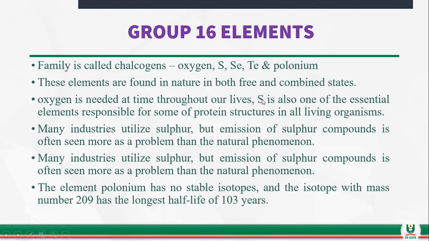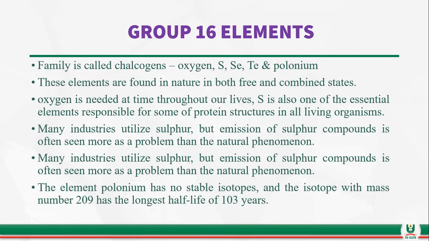So that takes us to the second group that we are going to consider today, group 16. Of course, you should know the elements that are there. We have oxygen as the first, followed by sulfur, selenium, tellurium, and polonium. Polonium is sometimes separated from them because as you go down the group, radioactivity becomes the order of the day.